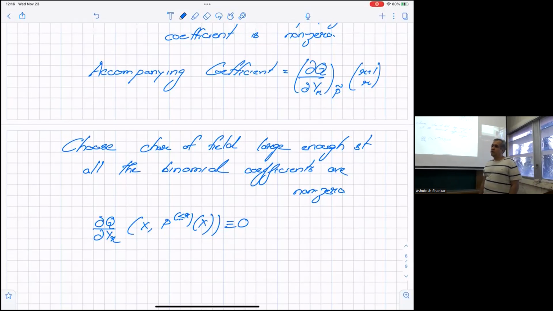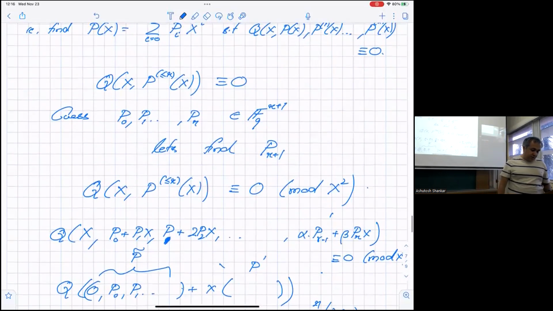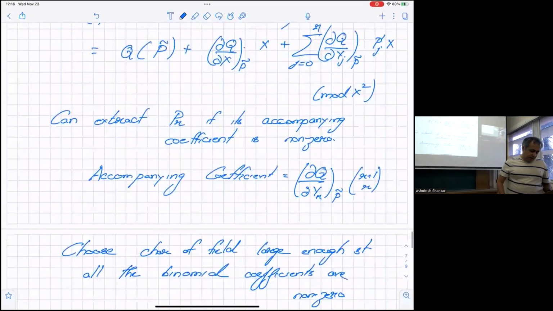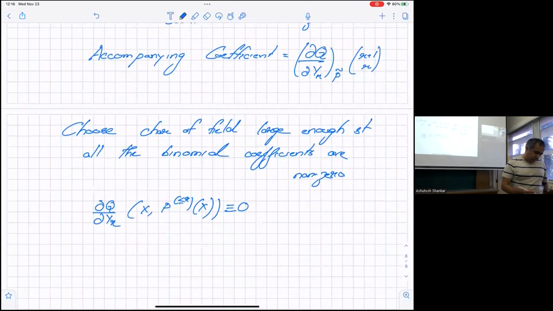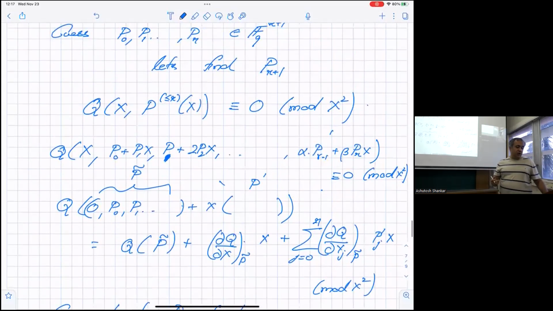So basically, if this is 0, work with dou Q by dou Y R instead, or equivalently do. So the point is, the list size is basically your initial guess.